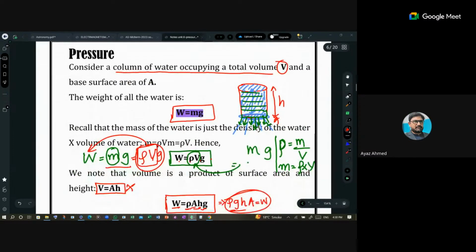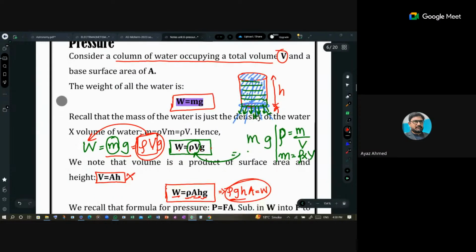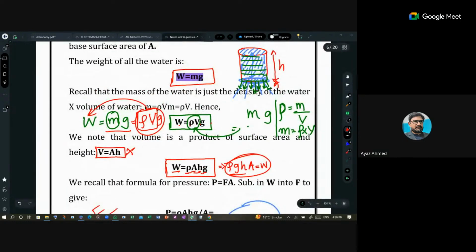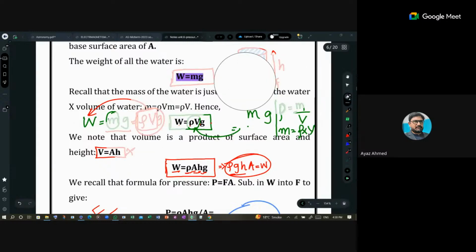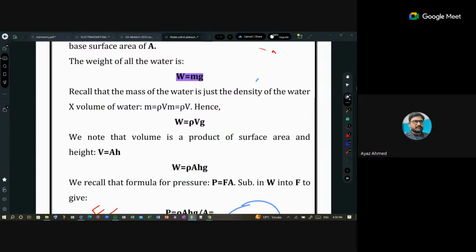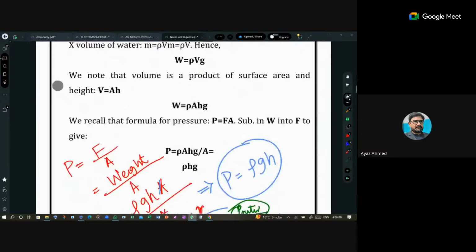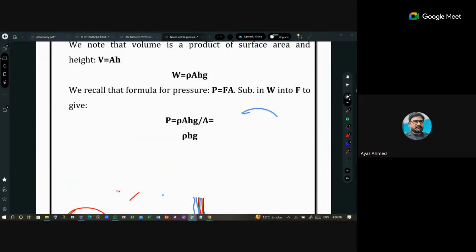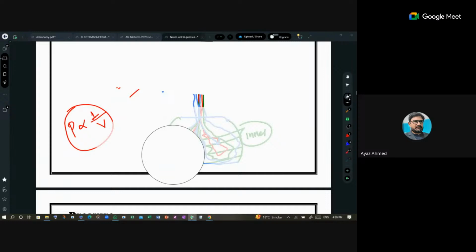Okay, then we have another consideration, that if we want to derive it, let me explain this to you again, because I have written a lot of things on that. It is very simple to understand; pressure is very easy to derive.